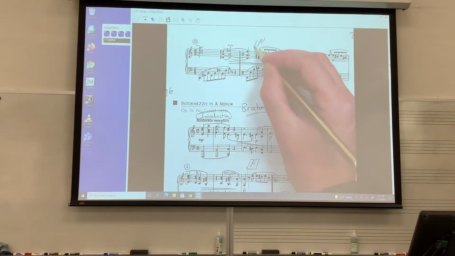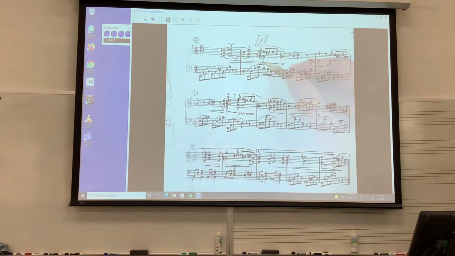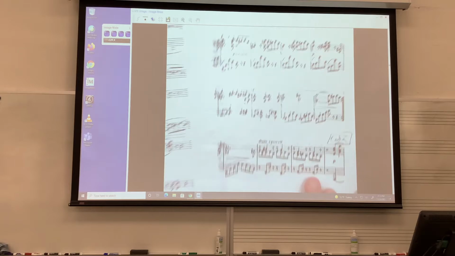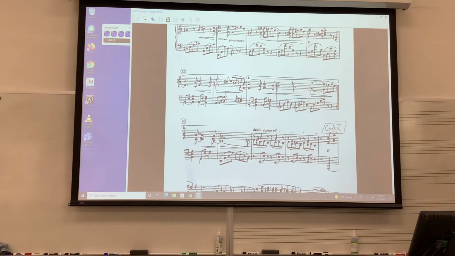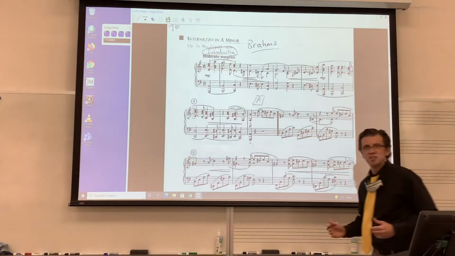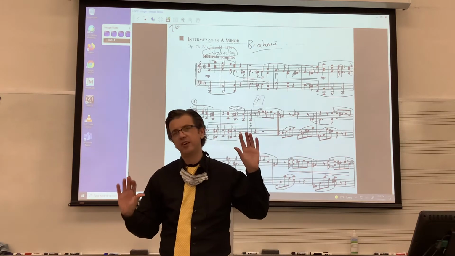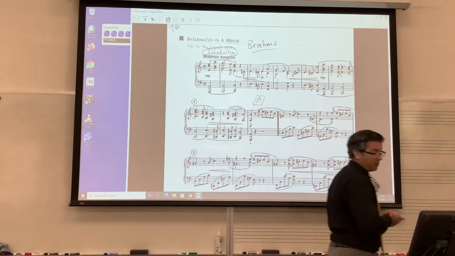So this is an A prime. And then we get a repeat at the end of that. And then we get our coda. So this is an ABA prime continuous rounded binary. And so Brahms is using just a very simple classical form, an introduction and a coda with a continuous rounded binary.